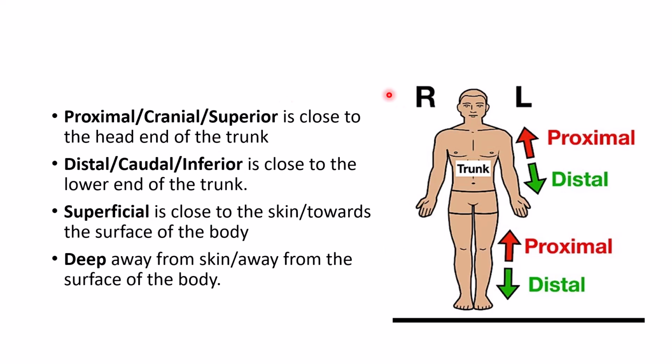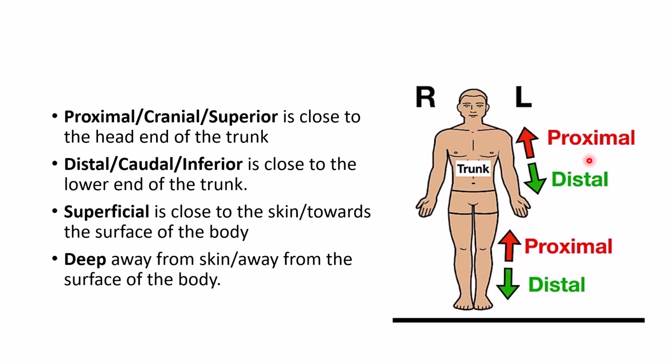Now see here, the proximal or the cranial or superior. See here how we will talk about it in the trunk. The proximal will be close to the head end of the trunk.